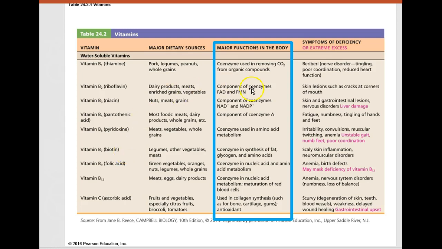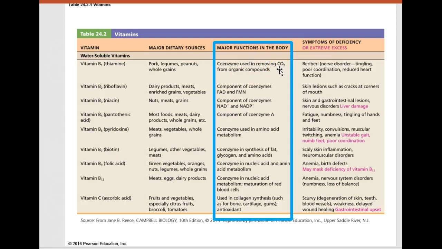We will not talk about B5 or B7 because those really haven't come up for us in our study of A&P. So for B1, 2, and 3, thiamine, riboflavin, and niacin, what you need to know about these in terms of function is that they're important in the metabolism of carbohydrates, specifically in the catabolism of carbohydrates, because they help us form these electron carriers FADH2 and NADH.